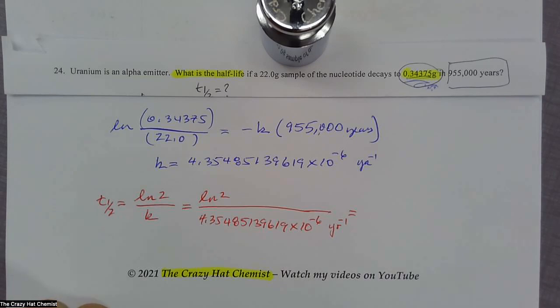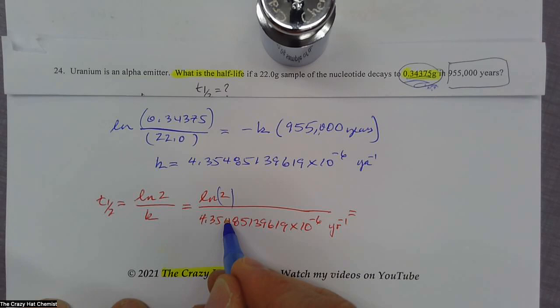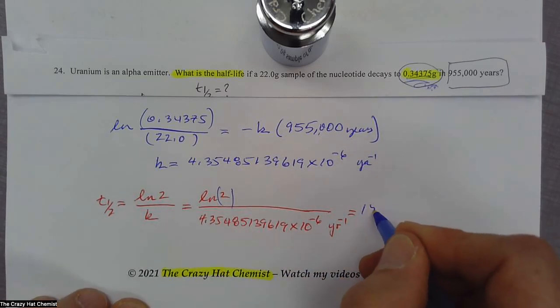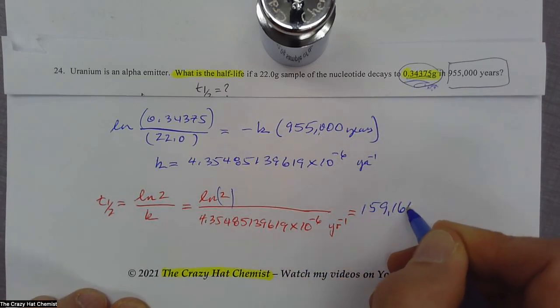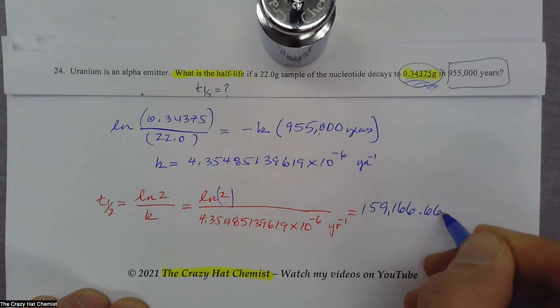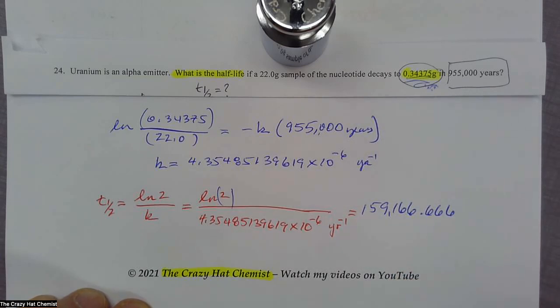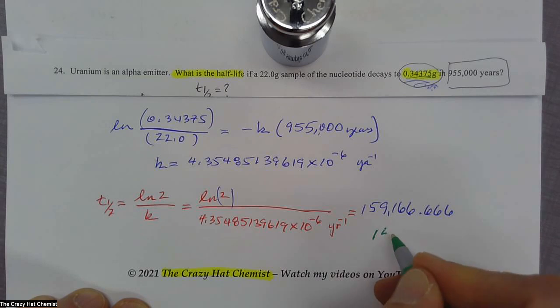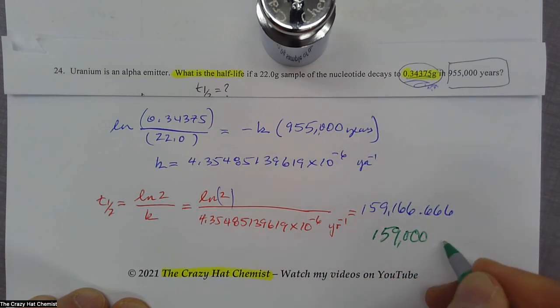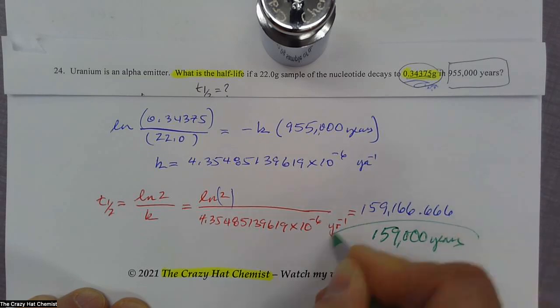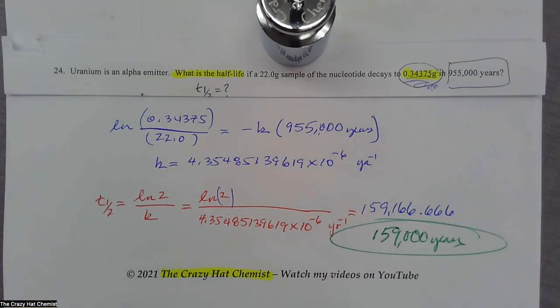And I am going to plug this in, natural log of 2 divided by this number, and that is 159,166.666 and more. And we're going to round up to three significant figures, 159,000 years. No way. We got the same answer that we got in the other method.